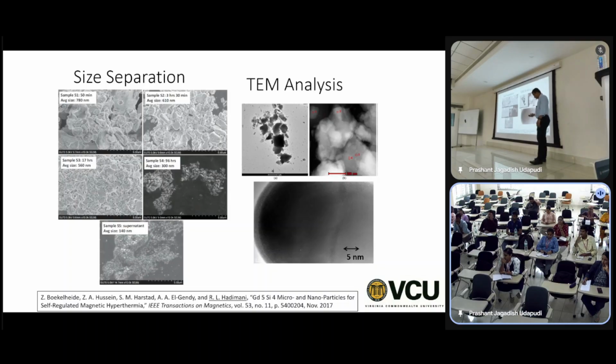Okay, so that is transmission electron microscope. For transmission electron microscope, you need to make a sample that is 100 nanometers thick. Then only electrons will go through. In scanning electron microscope, electrons come and rebound back. In transmission electron microscope, electrons transmit through.